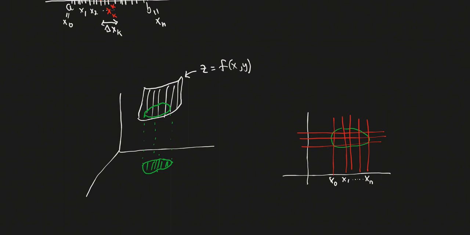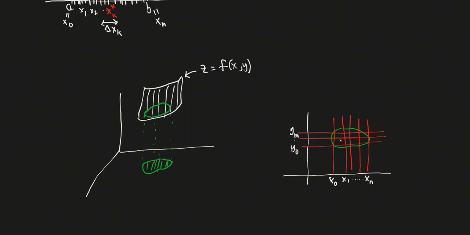So I don't have to use n here. In fact, I need to allow for a different number along the y-axis. So this will be my y0, and I'm going to call this one y sub m, right? So essentially, I've broken up this region horizontally into n intervals, and then vertically m intervals. So basically, I have an n by m grid, right?